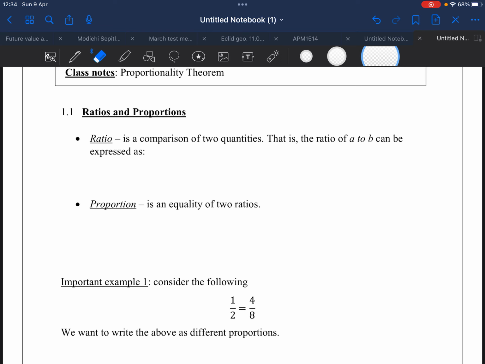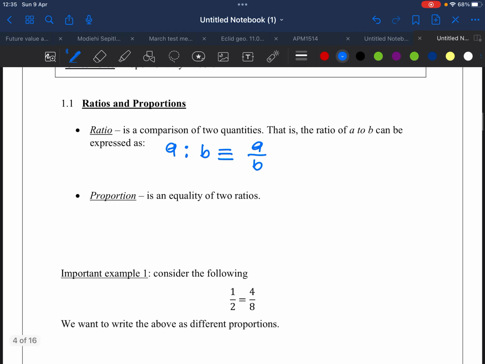That is, the ratio of A to B can be expressed as, let's say you had A is to B. This reads as A is to B, which is logically equivalent to A over B. So A is to B is the same as saying A over B, and we call that a ratio.